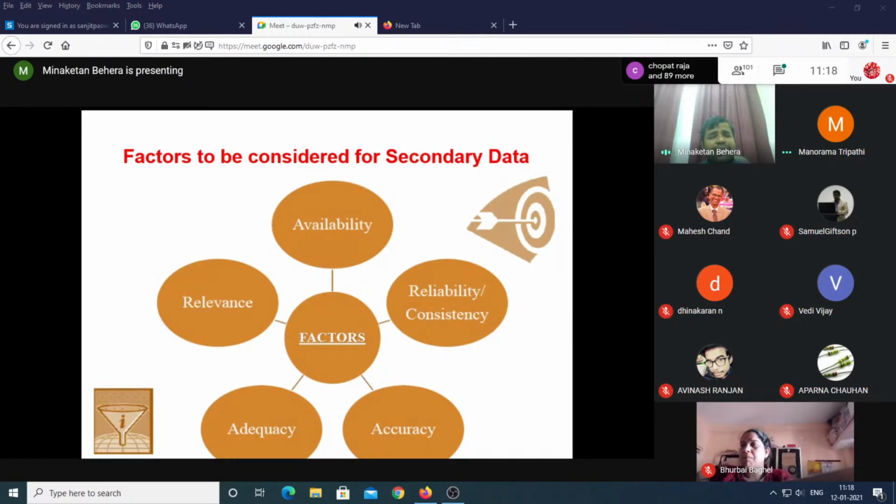Is the data available in the secondary literature through which I will be able to fulfill it? You have to be clear on that. Suppose you are working on domestic violence during COVID-19. You may not find that much secondary data in the literature; you will find some at the micro level, so you have to proceed with a field survey. Then only you can find it. Please take care of this point.